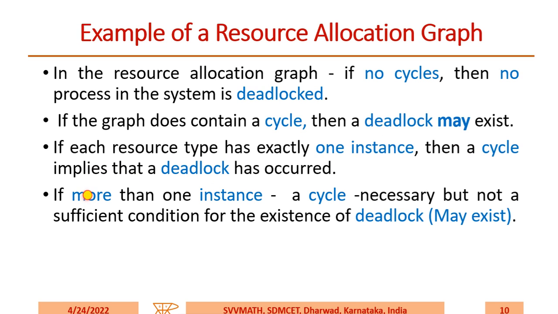But if I have more than one instance and a cycle is there, there is no guarantee of deadlock. Deadlock may occur, or maybe it is in the deadlock state. But for that we have to test, and we'll see it later in detail. Pause the video, go through this.